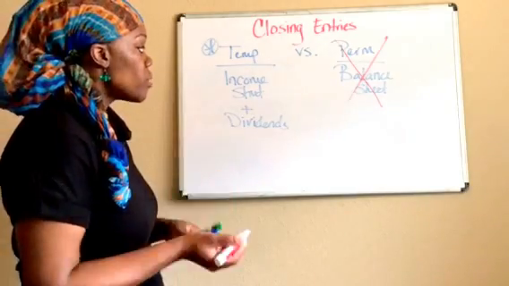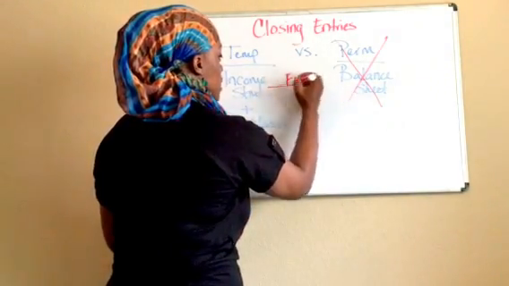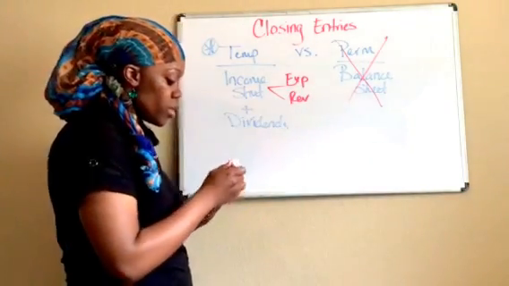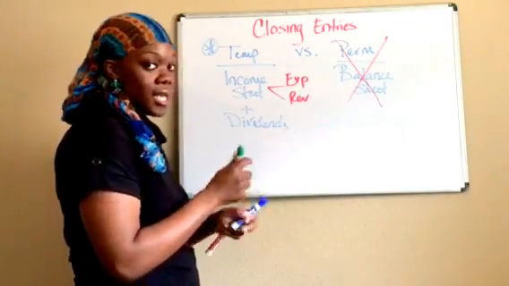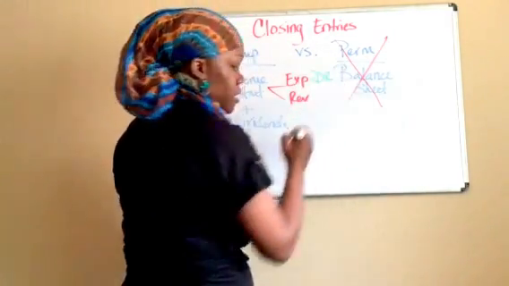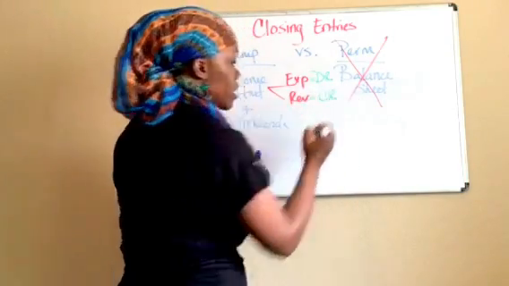Now, if you remember, our income statement accounts are our expenses and our revenue. Expenses normally carry a debit balance, and revenue normally carries a credit balance.